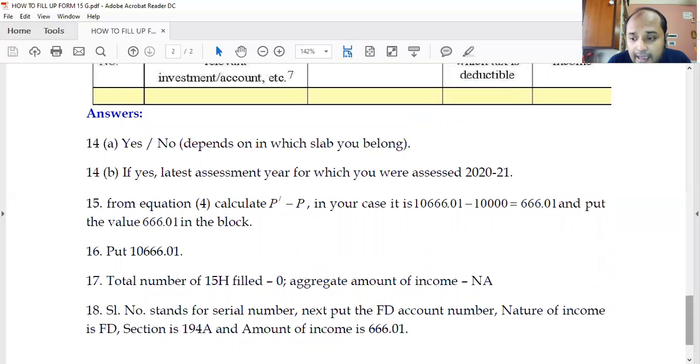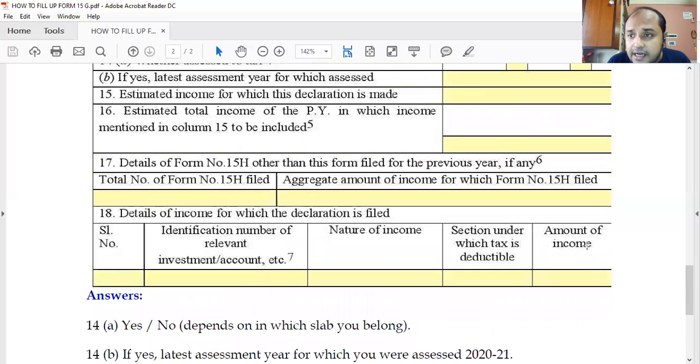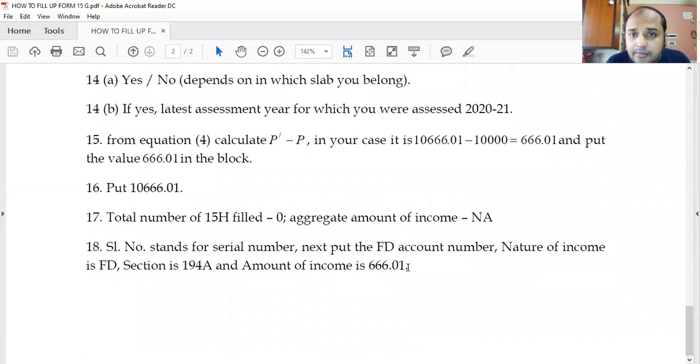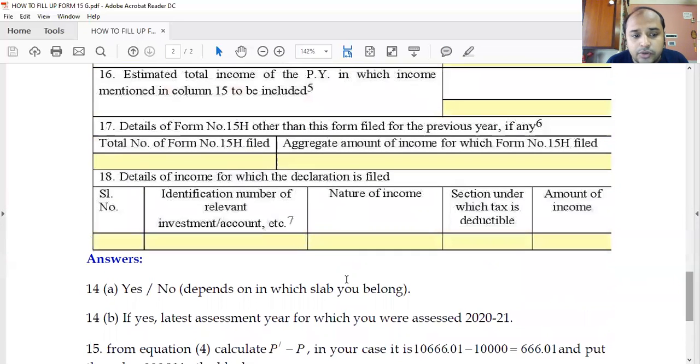And here the amount of income yearly, that is again the yearly income on the basis of the principal amount 10,000, that is 666.01. Now if you have two FDs, you are going to put 2 blocks, and put all the FD account numbers and the individual amounts of income from those fixed deposits. And if you have only 1, you can write it like this.